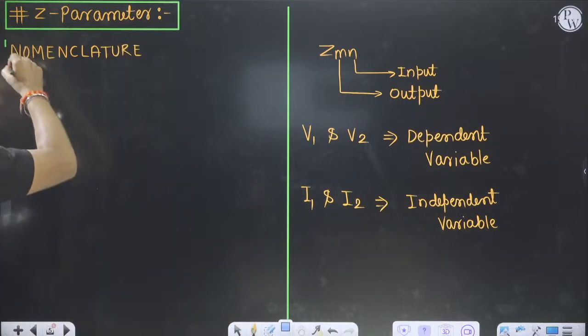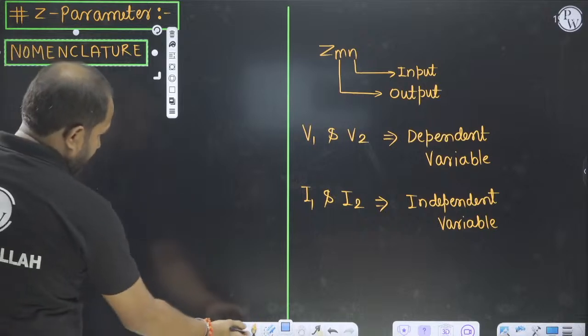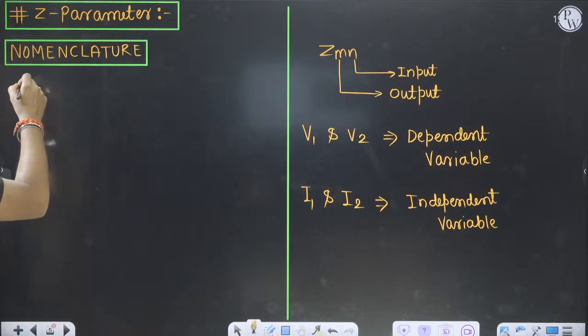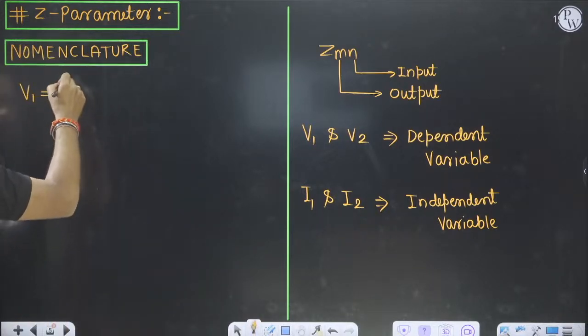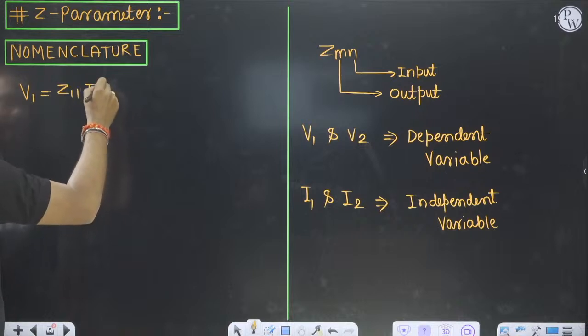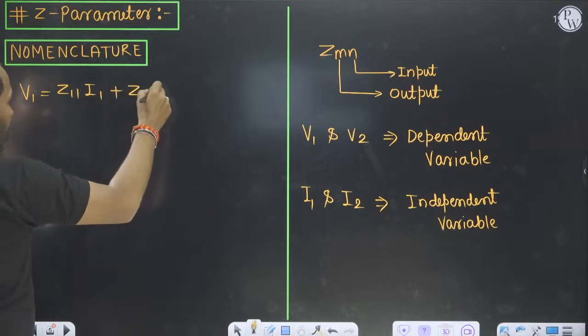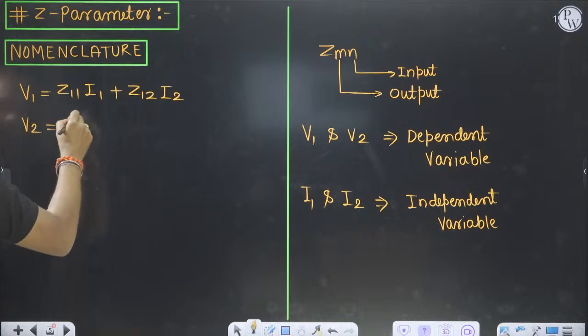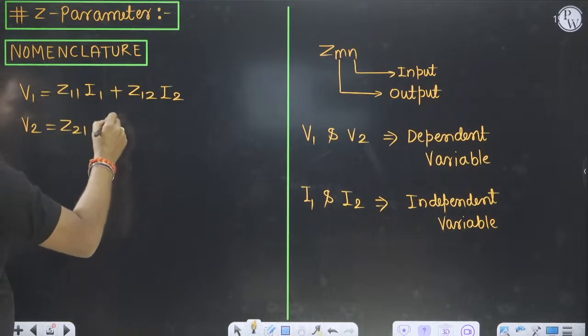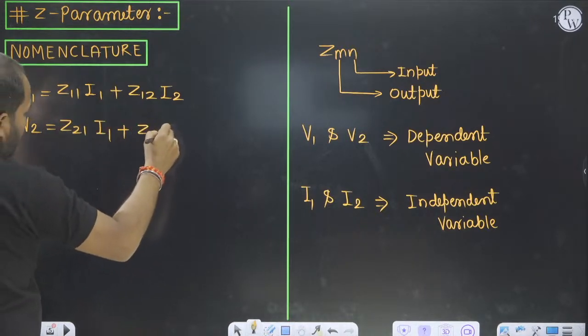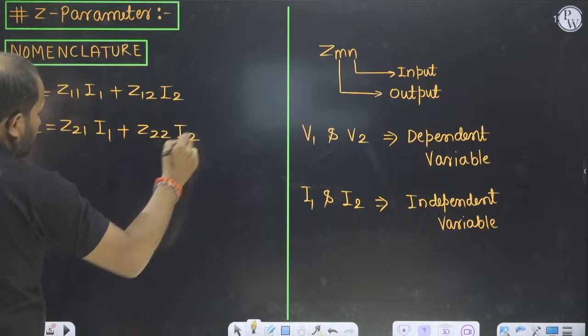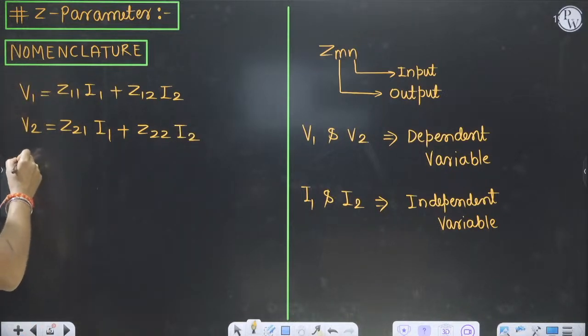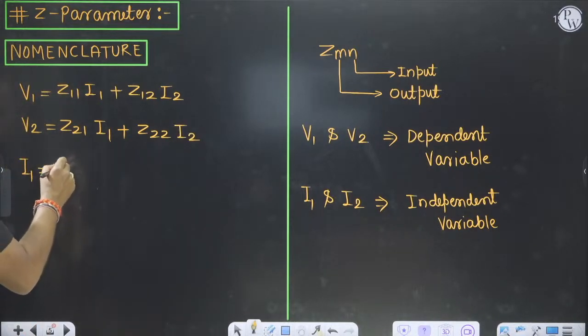Nomenclature. The name of Z11. So what is the formula for this one? V1 = Z11 I1 + Z12 I2, and the formula for V2 is Z21 I1 + Z22 I2. First of all, I will put I1 equal to 0.